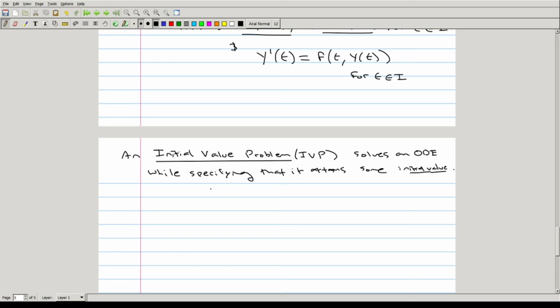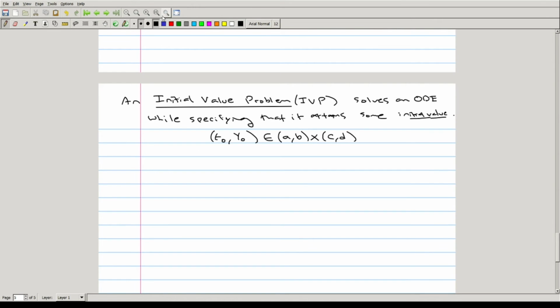And this is some point t naught, y naught in the set. It's an element of the set, the rectangle from A to B and C to D. And just for abbreviation in the future, we'll call this set D. It's a two-dimensional rectangle.